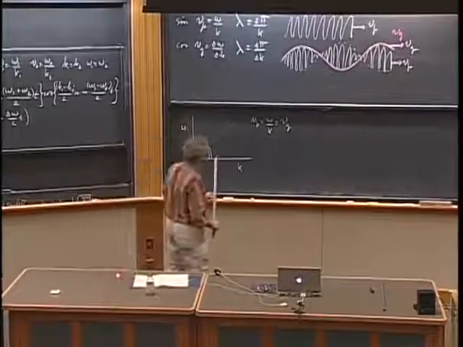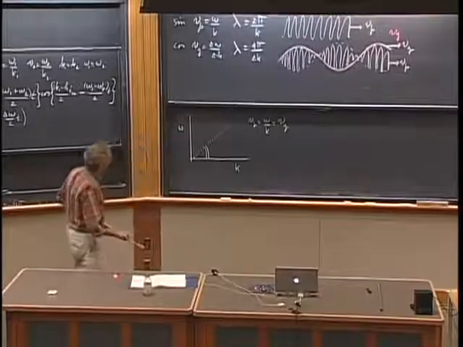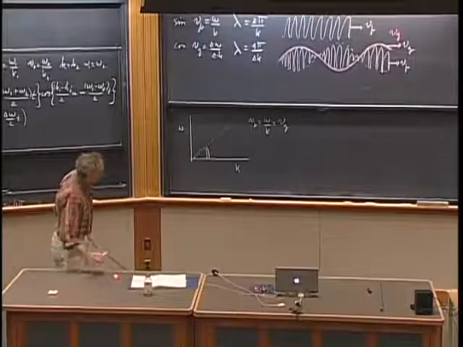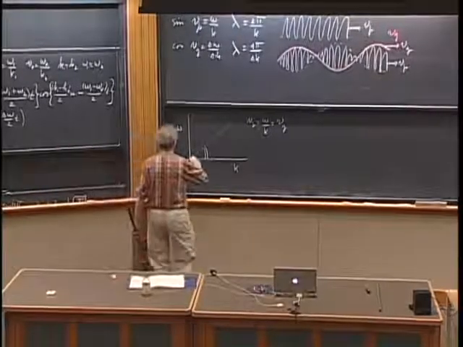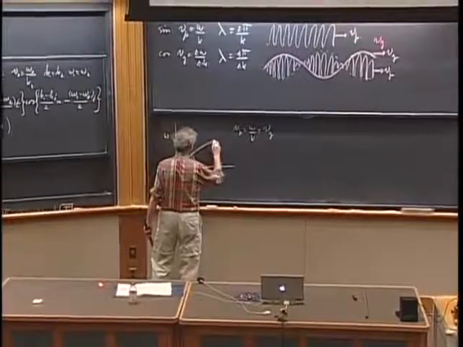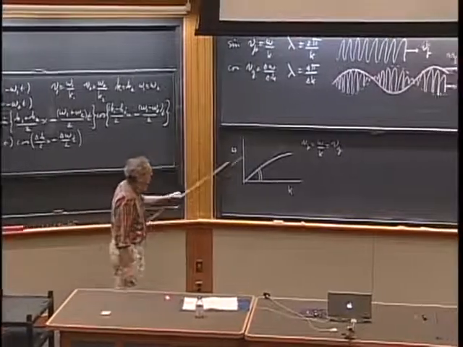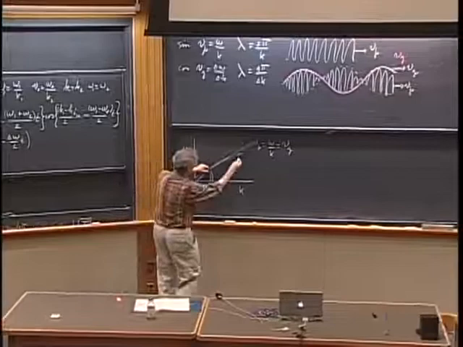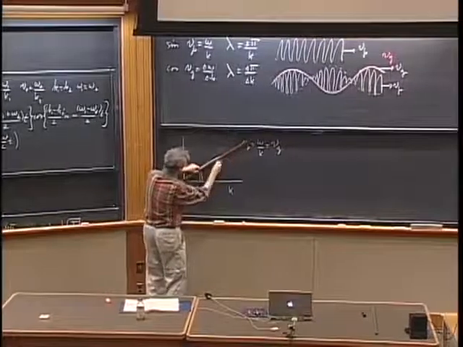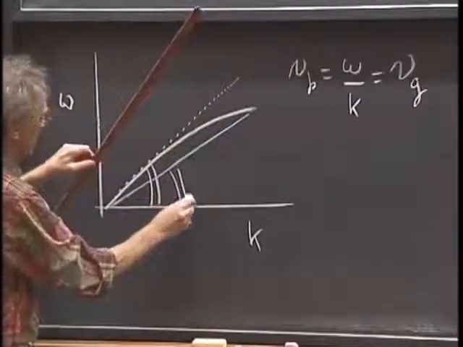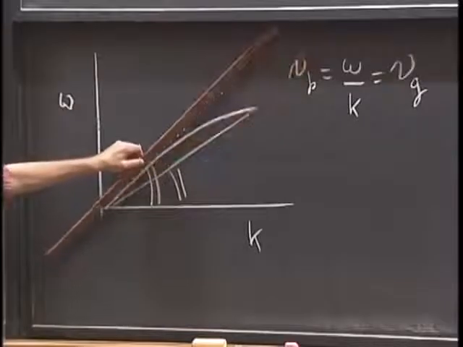I can show you another omega-k relationship now. For instance, the omega-k relationship would go like this. That would be a dispersive medium now. You should be able to tell me now whether the speed is higher or lower at high frequencies. Well, the speed of propagation is clearly lower at high frequency because it's dictated by this angle, and this angle is smaller here than it is there.